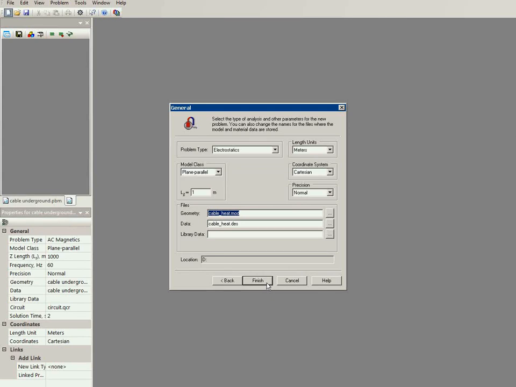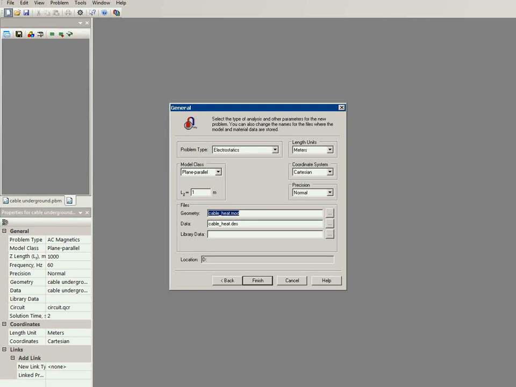QuickField can simulate problems independently, but QuickField can also simulate multiphysics problems. Multiphysics means that you calculate the current distribution in an AC magnetics problem, for example, and import the losses from the AC magnetics problem to the heat transfer problem automatically. And in the heat transfer problem, you calculate the temperature distribution.